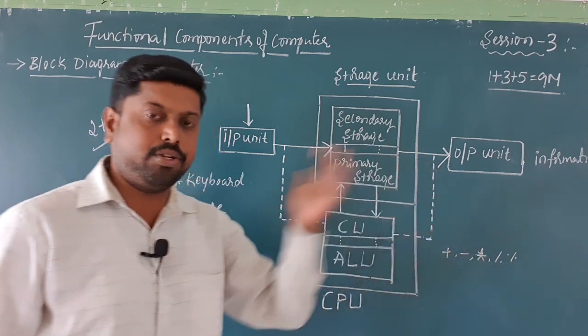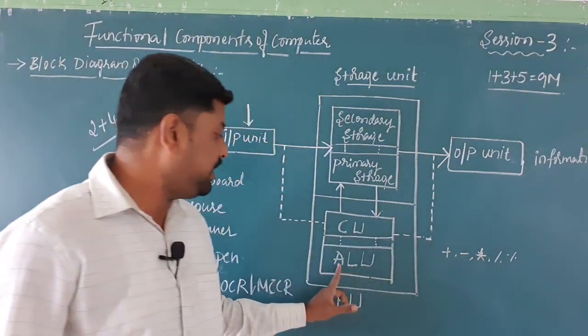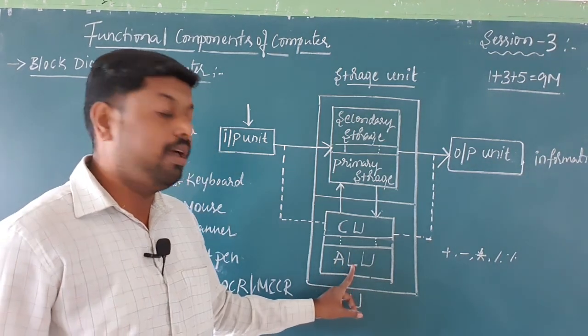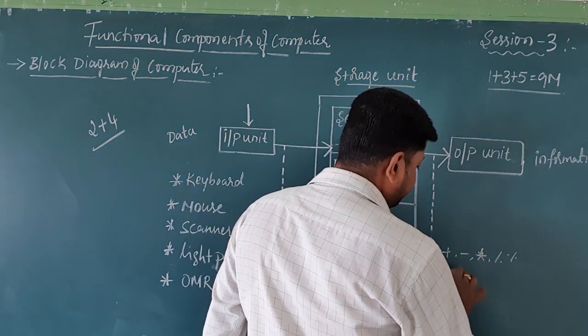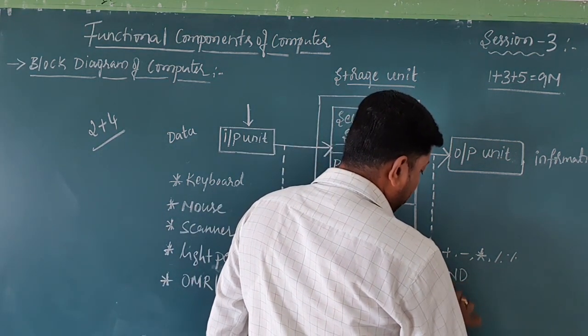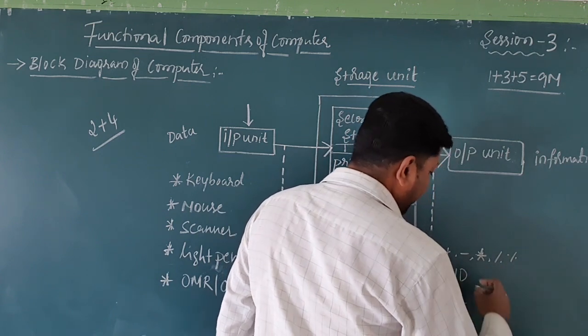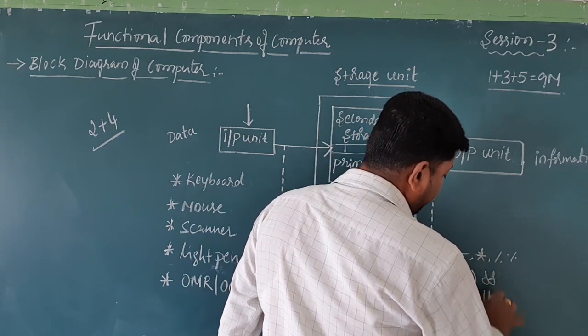All these operations are performed in this particular unit, and also logical operations: logical AND, logical OR and logical NOT. These are all the logical operations. Later we will discuss AND, OR, NOT, and what the symbols are.